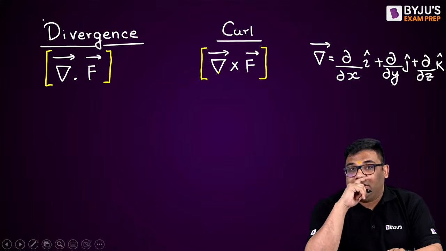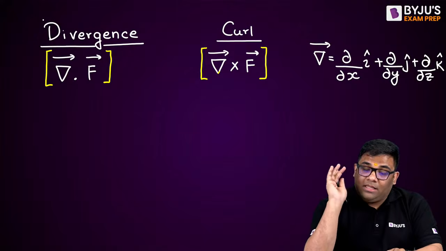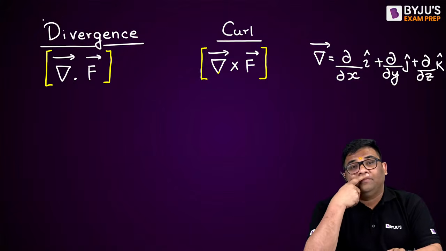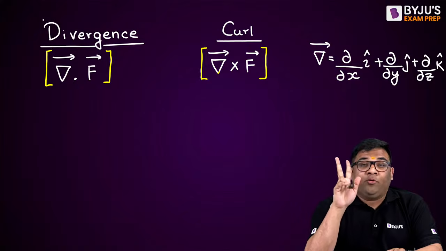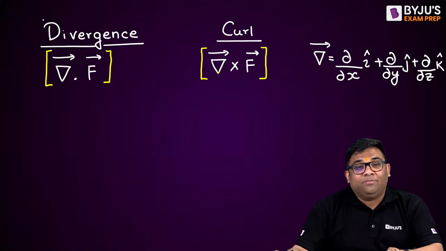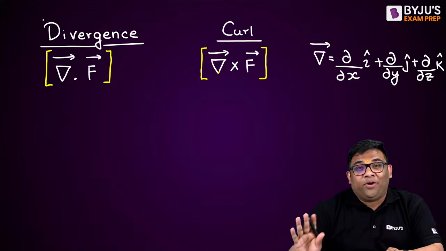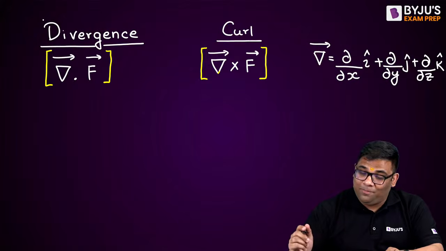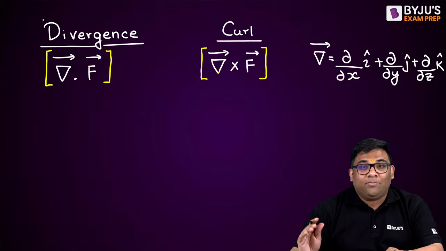Now tell me, the dot product of two vectors gives me what? Write in the comment section. These are all childhood things.